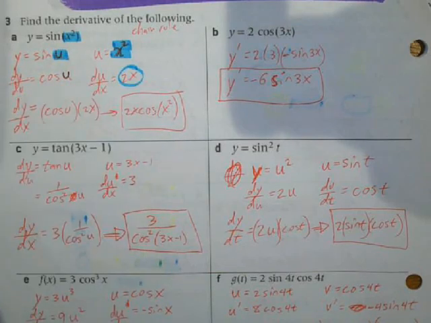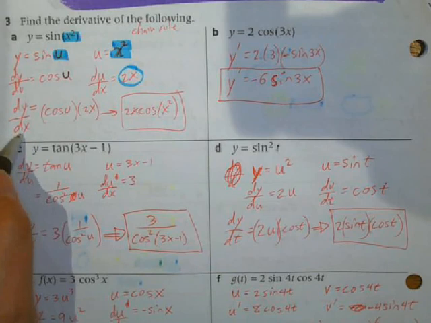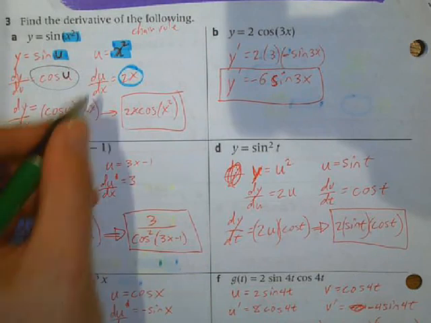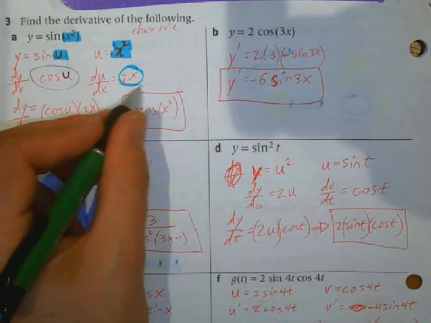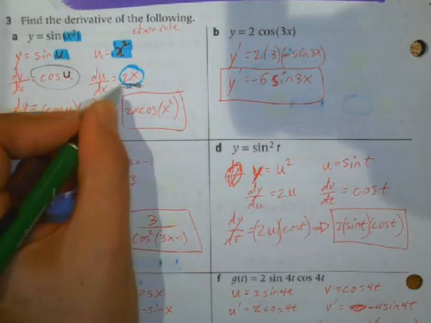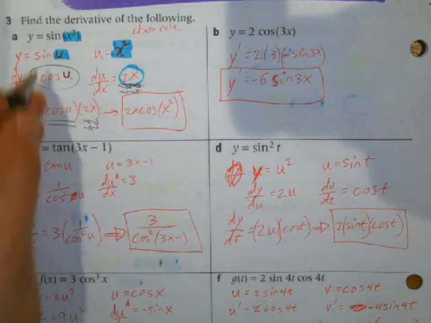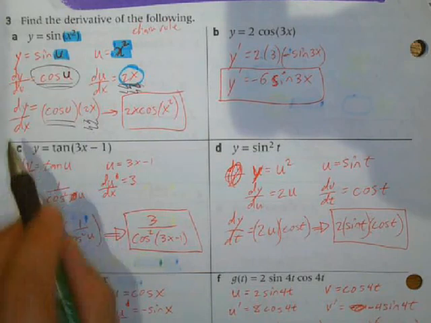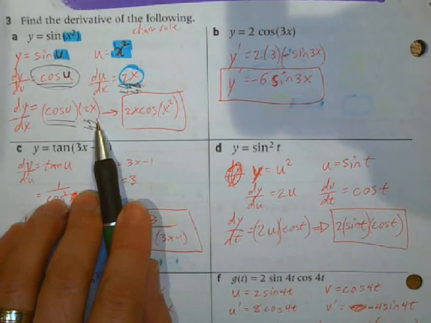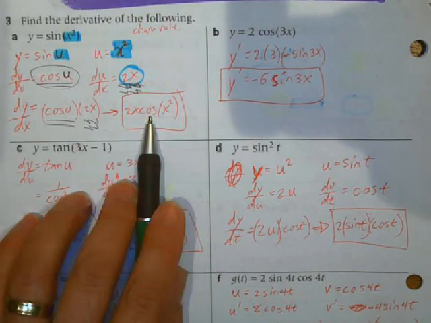So dy dx is equal to dy du times du dx. So dy du times du dx, that's the chain rule. And then I replace u with x squared.